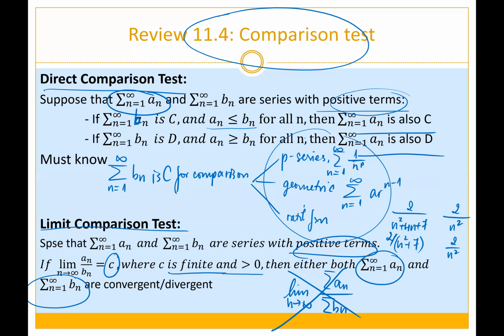The limit comparison test doesn't need the direct relationship, because sometimes that is hard to establish. You're going to see that in one of my examples here. It can be helpful sometimes, but it's not always convenient to take a limit of a ratio. Sometimes the fraction can be really complicated, and it may even take more time to find the value of c.